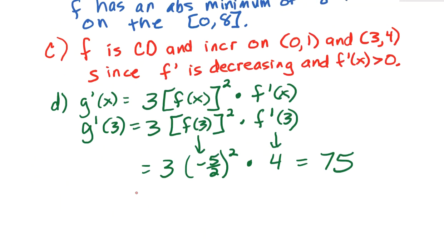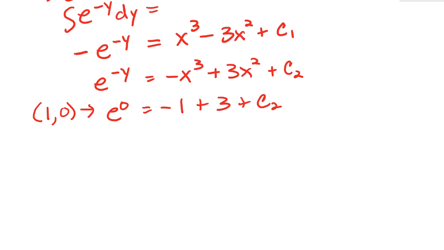Let me pause and get my tablet straightened out again. So let me say that again here. So we've got a 1 for e to the 0. And over here we've got a 2 plus a C2, so our constant, whatever you call it, is going to be negative 1 at this point.